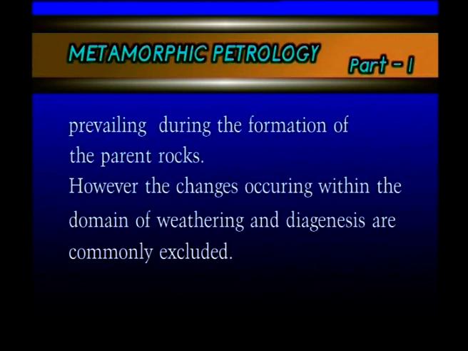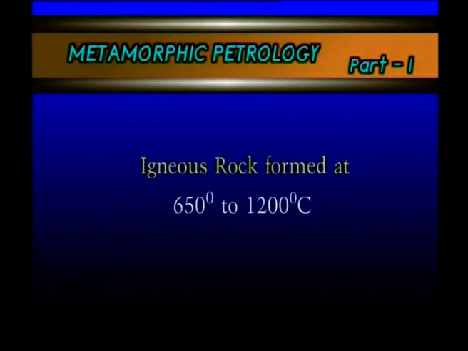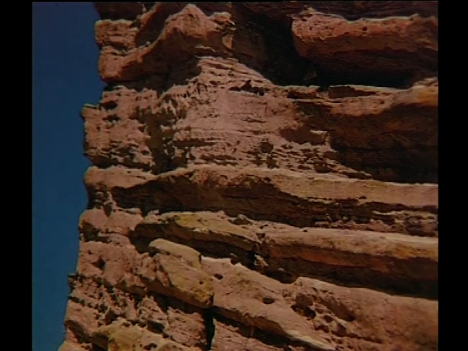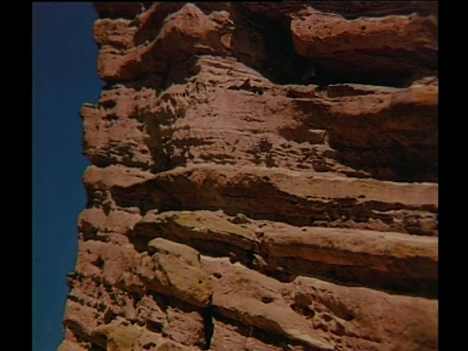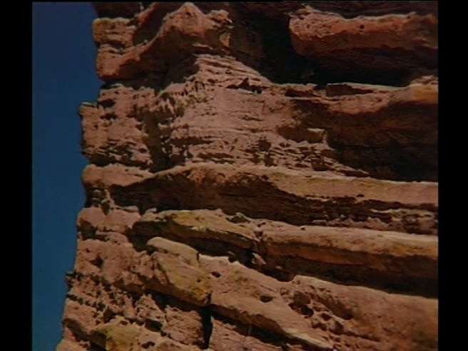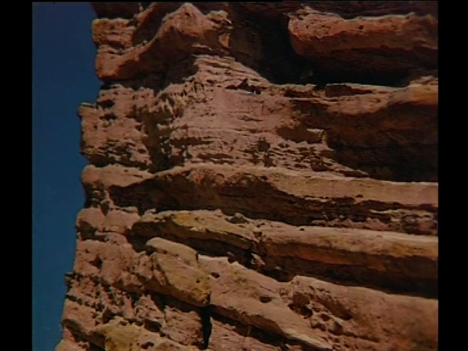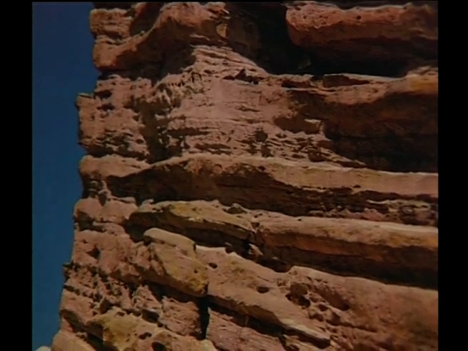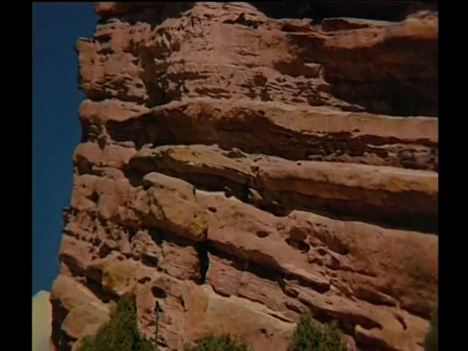Normally, the igneous rocks are formed at very high temperatures, particularly from 650 up to 1200 degrees centigrade. If we look at the sedimentary rock formation process, normally the sediments are transported and deposited somewhere in a geosynclinal basin.